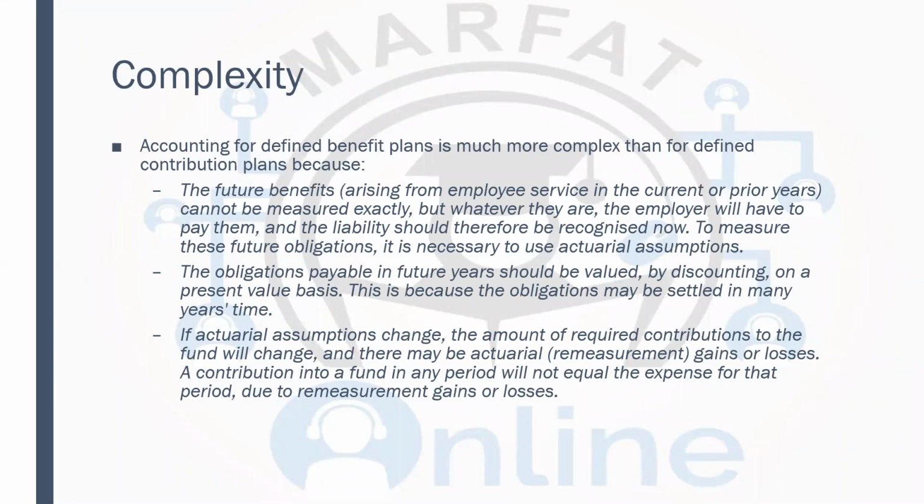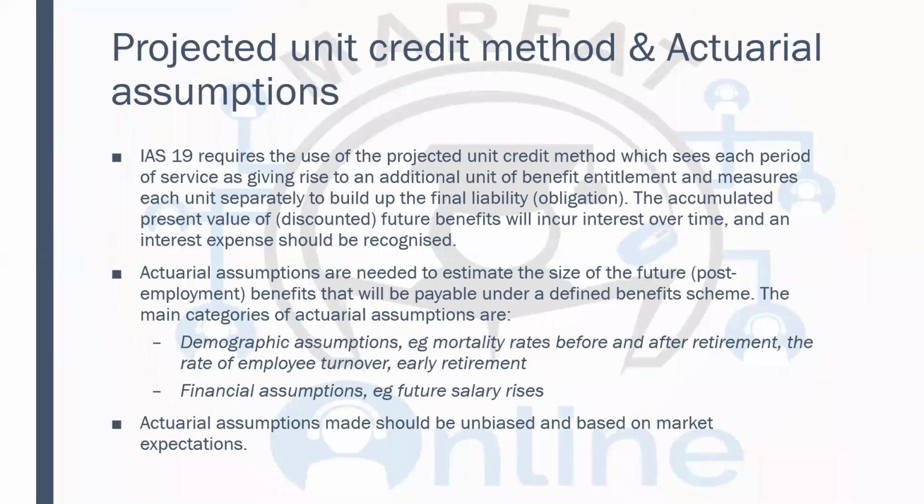Now, what is the complexity in it? We have already discussed that you have to take a lot of assumptions. You have to take the best estimate because your contribution is assessed based on the rate of returns the entity will be having. So there are a lot of calculations involved in it, a lot of estimates, and discounting involved. So there is a complexity. The method which is being used for the actuarial calculations is the projected unit credit method, and it considers many things.